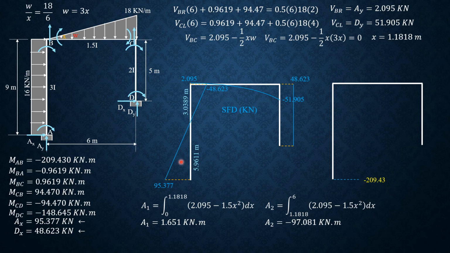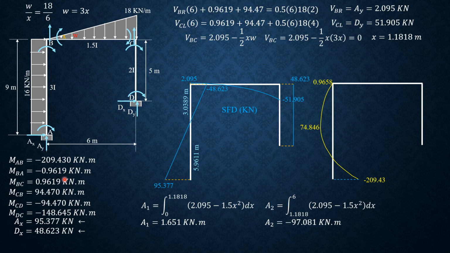Then plus this area, 1/2 of 5.9611 times 95.377. This is positive, decreasing. Then we'll have here positive 74.846. Then 74.846 minus 1/2 of 3.0389 times 48.623, negative increasing. Then you will have here a very small moment of 0.9658.